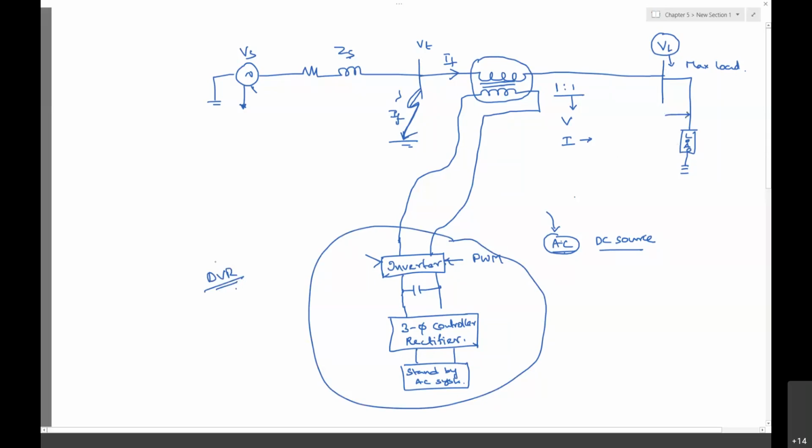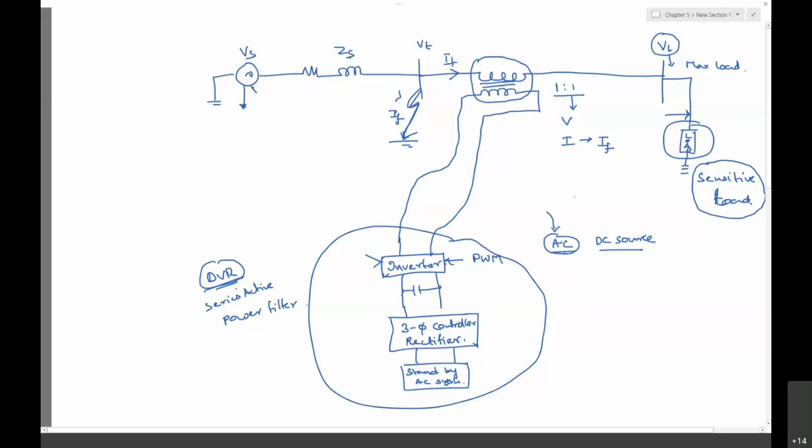It is designed keeping this sensitive load in mind, so the current should be the maximum full load current, because the load is very sensitive to voltage variations.